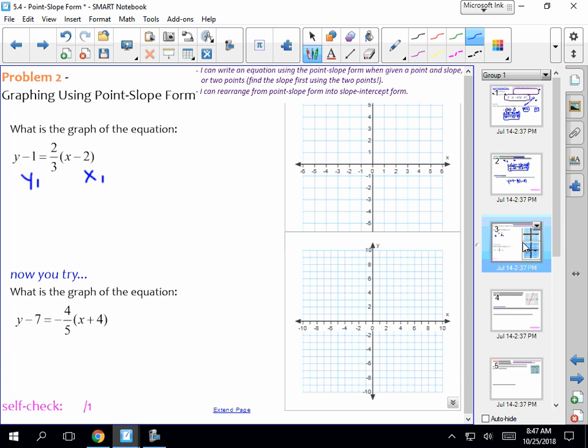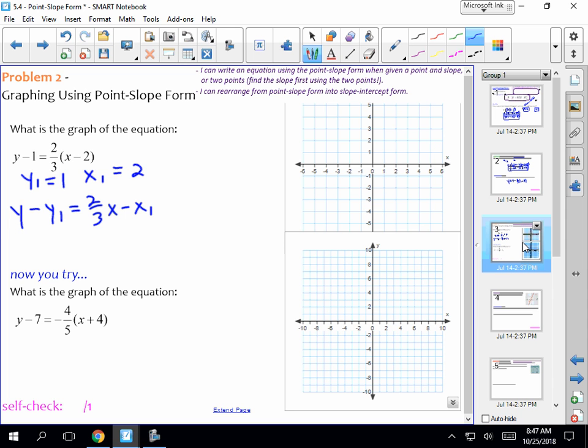How do I know they're both positive? How do I know that x1 is positive 2 and y1 is positive 1? Write down the equation again. Y minus 1 equals 2/3, x minus x1.